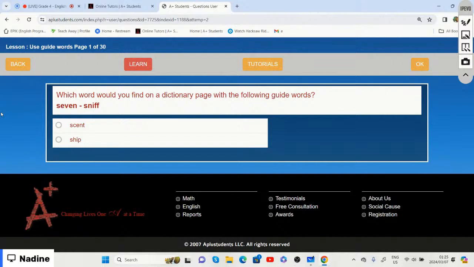So it's either scent or ship. If we look at the word scent, scent is SC, which means that one won't fit, but definitely ship, because it's SH.